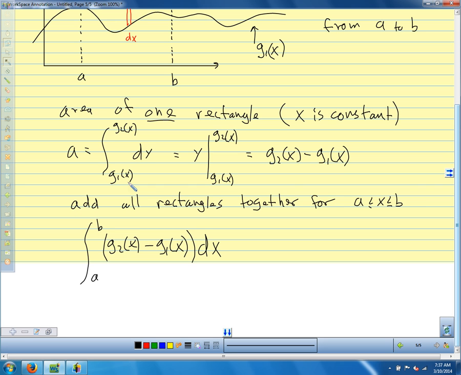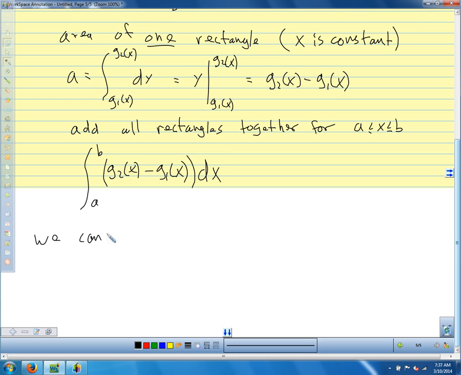So we're going to combine these two as an iterated integral. So we could say the area is the iterated integral, the double integral, the integral from a to b, the integral from g1 of x to g2 of x, dy dx.